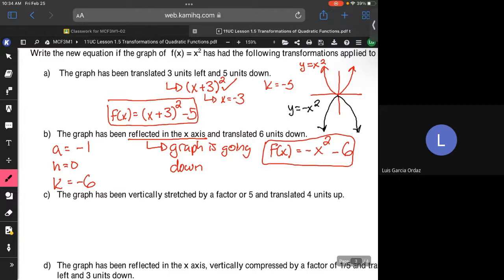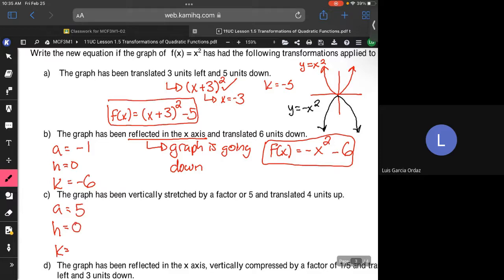Okay. For C, we have the graph is vertically stretched by 5 and translated 4 units up. So what would my a, h, and k be? What's my a in this case for C? 5. Do I have an h? Nope.